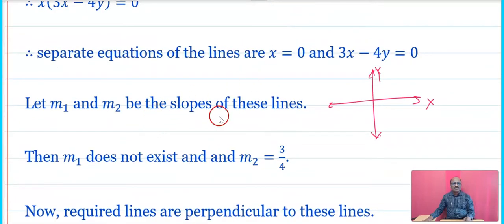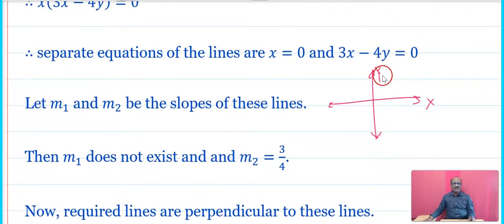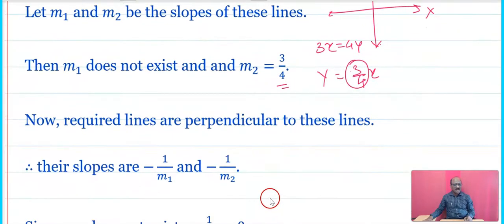So m1 does not exist, and m2 is 3/4. No problem. The slope of this line we can find out: 3x = 4y, therefore y = (3/4)x. This is the slope of this line, which is 3/4.